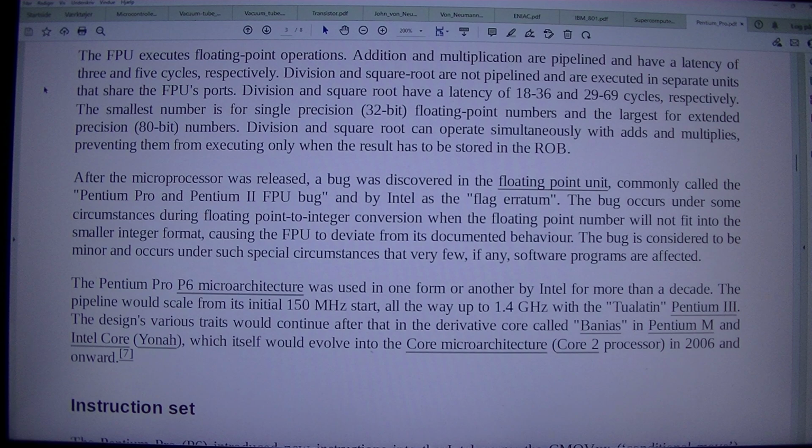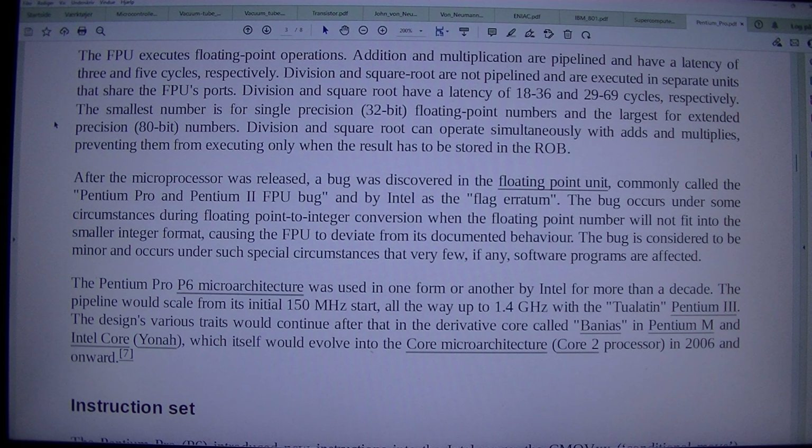Division and square root have a latency of 18 to 36 and 29 to 69 cycles, respectively. The smallest number is for single precision, 32-bit, floating point numbers, and the largest for extended precision, 80-bit, numbers. Division and square root can operate simultaneously with adds and multiplies, preventing them from executing only when the result has to be stored in the ROB.